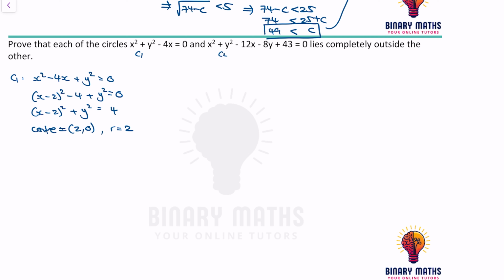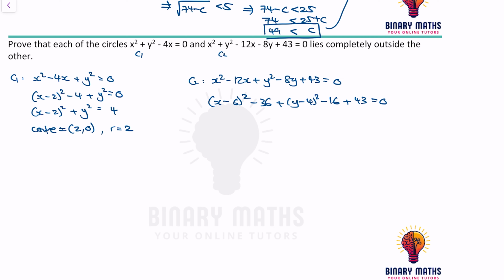If I do a similar thing for C2, rearrange it, so x squared take away 12x plus y squared take away 8y plus 43 equals 0. (x take away 6) squared minus 36 plus (y take away 4) squared take away 16 plus 43 equals 0. (x take away 6) squared plus (y take away 4) squared, negative 36 take away 16 plus 43 gives me negative 9, equals 0.